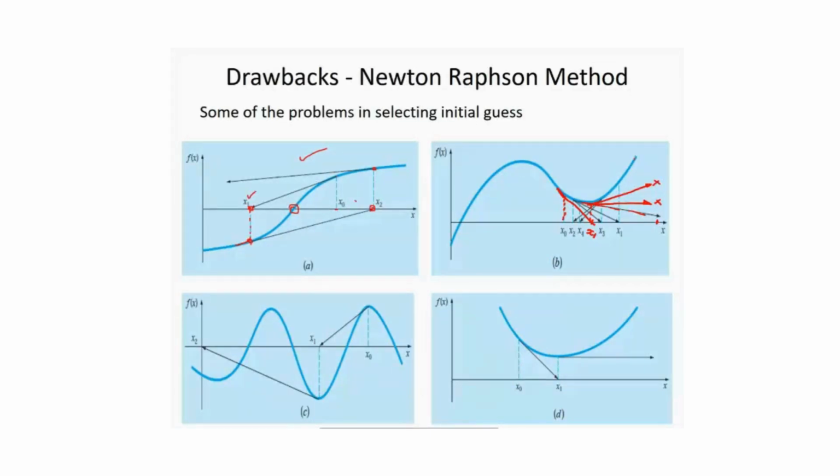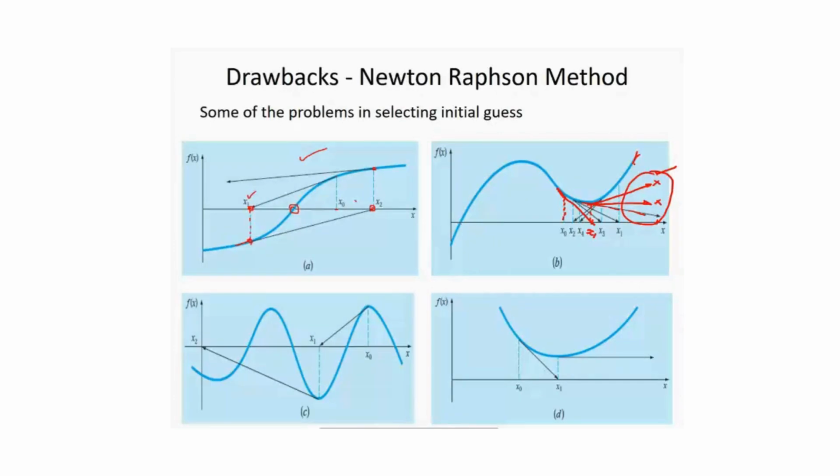For this nature of curve, if you extend it further we don't know exactly how it is, but for this particular case we have truncated the curve up to this point. If you compare with the existing curve, you can see this value is moving away. So in this case you won't get any root, meaning it is moving away from the root.